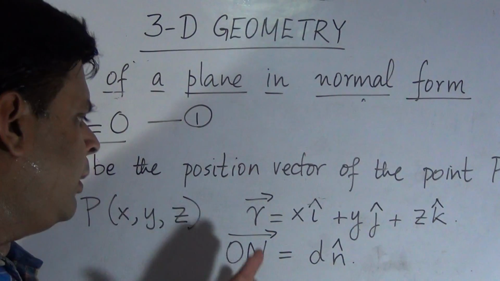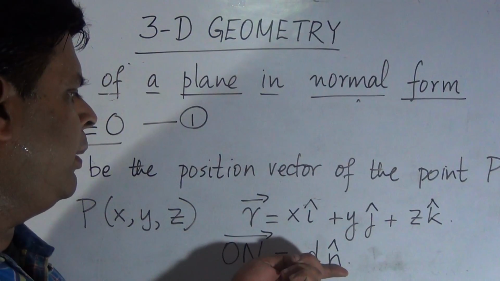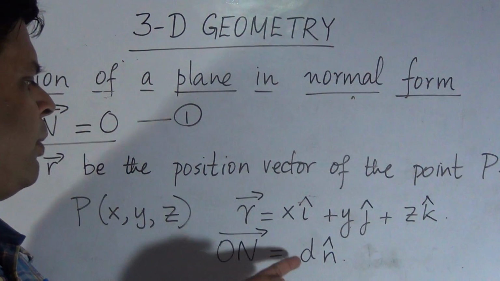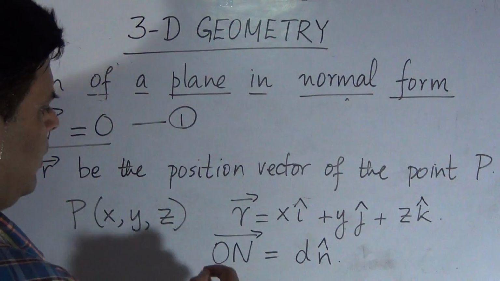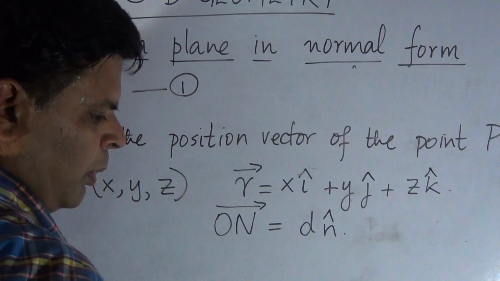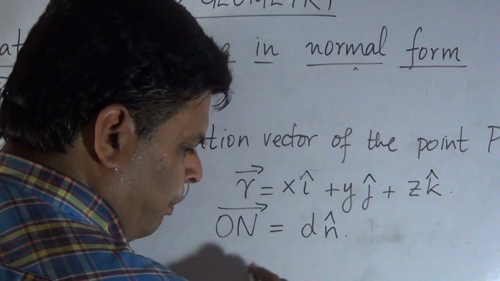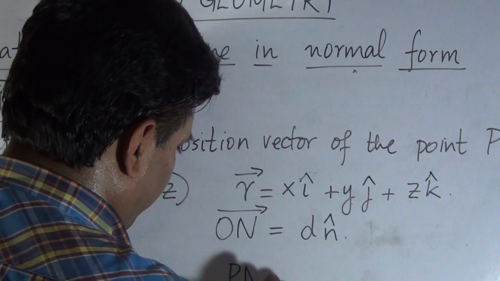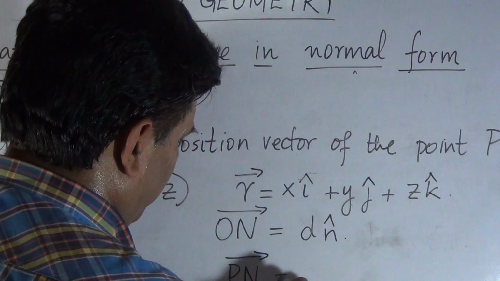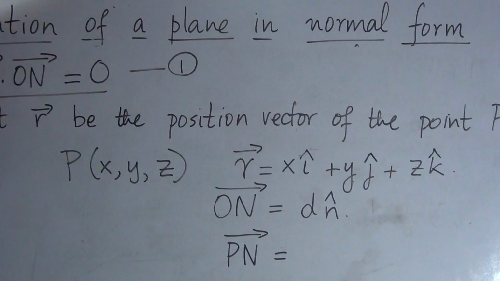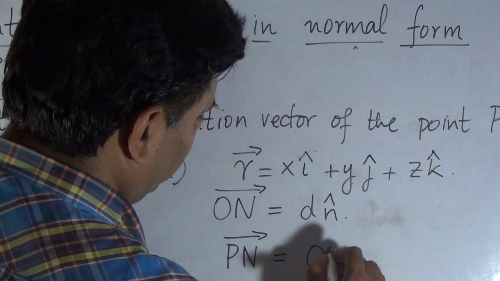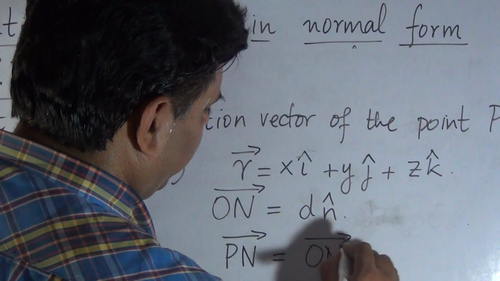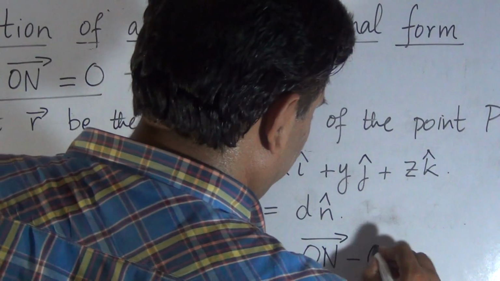ON is the normal, it is along the unit normal n cap, it is of length d. Now I want to find what is PN. What is PN? It is always, with respect to origin, I will do ON vector minus OP.